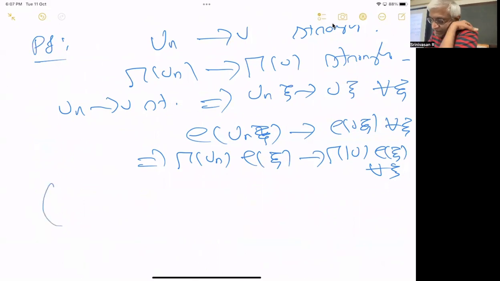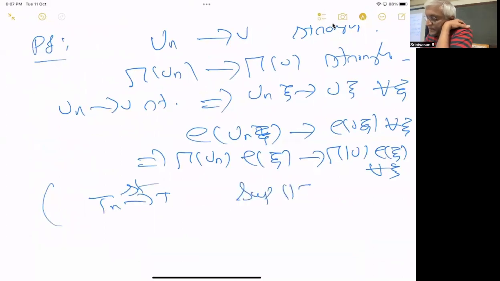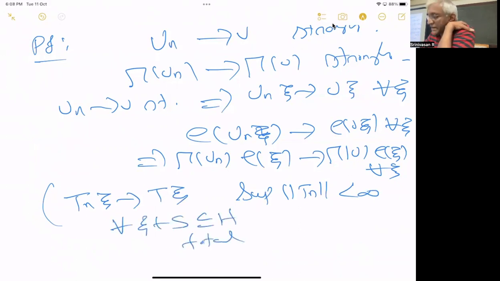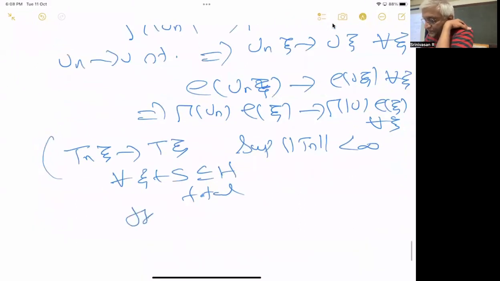See, if you have some T_n converges to T strongly, and supremum of norm T_n is less than infinity, and T_n xi converges to T xi for all xi in S contained in H, which is a total set, and norm T_n is smaller than infinity, then T_n converges to T strongly.